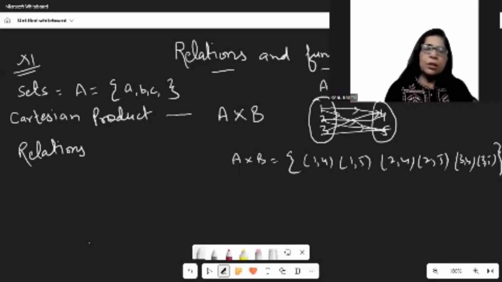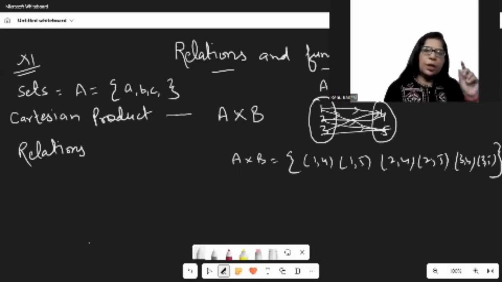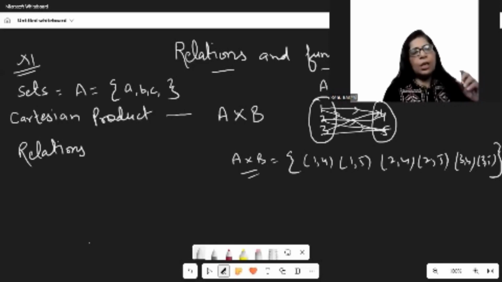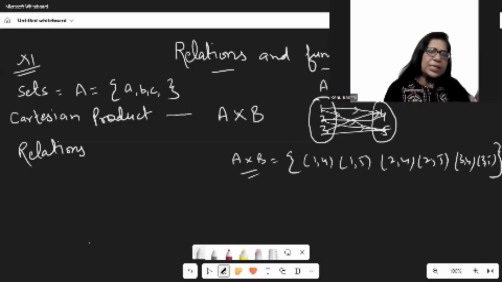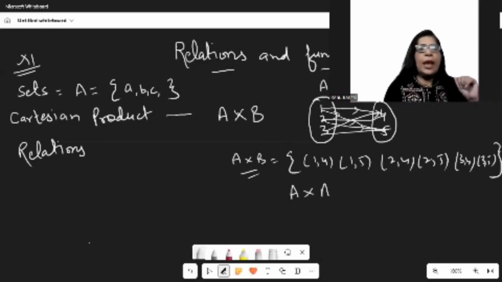If I write this in curly brackets, that means the set of all ordered pairs is called the Cartesian product. It can be from any one non-empty set to another non-empty set, or it can be from A to A as well.